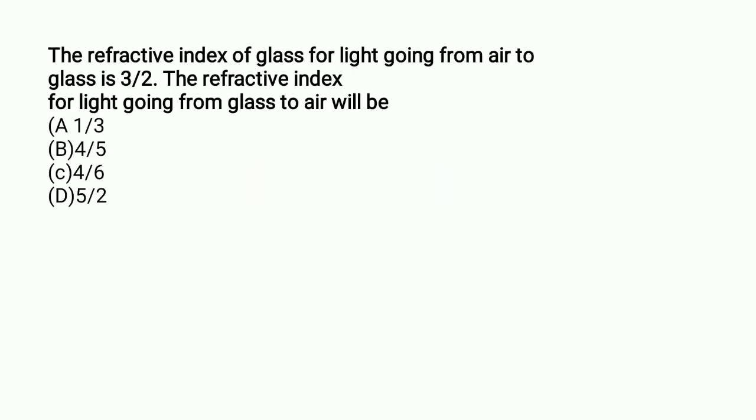Here is the first question. The refractive index of glass for light going from air to glass is 3/2. The refractive index for light going from glass to air will be.